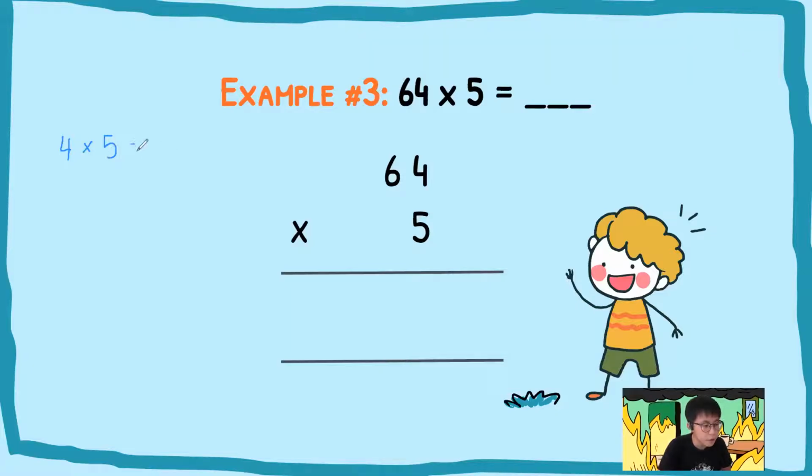Okay. 4 times 5 equals to 20. Right? So right to left, we put down the 0. Okay, that's not a line, so I would erase it. And I will write it down again. Okay, 0. Okay. Then the 2 is carried over to the 6.